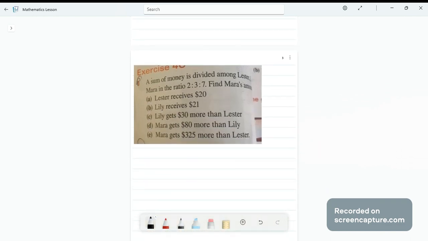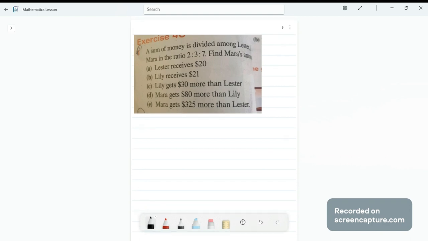It says Lily received $21. We're still keeping the share amount: Lester 2, Lily 3, Mara 7. Now it tells us that Lily received $21.